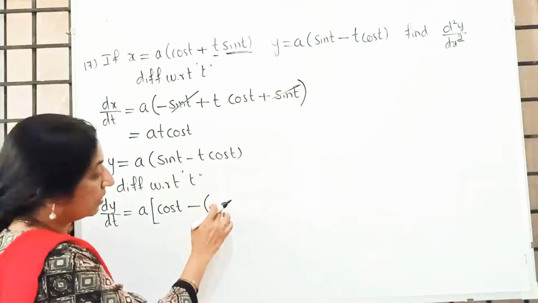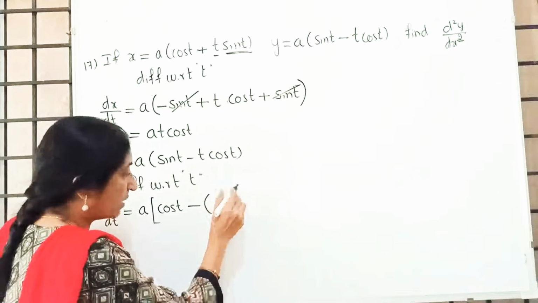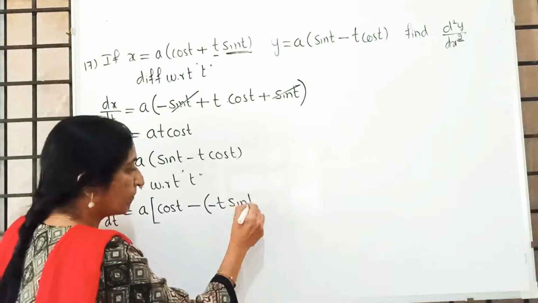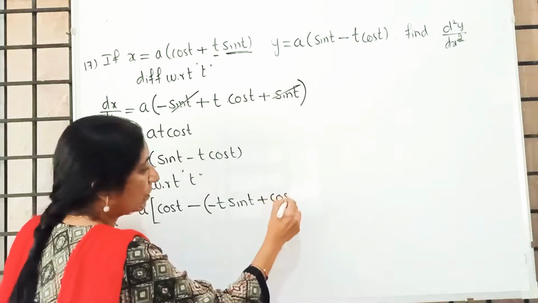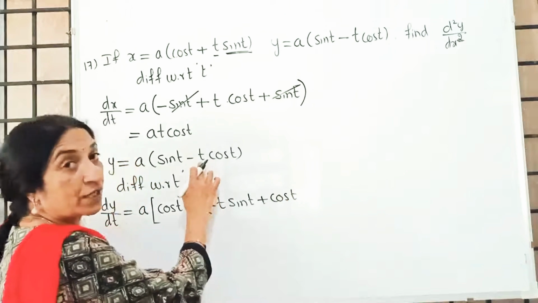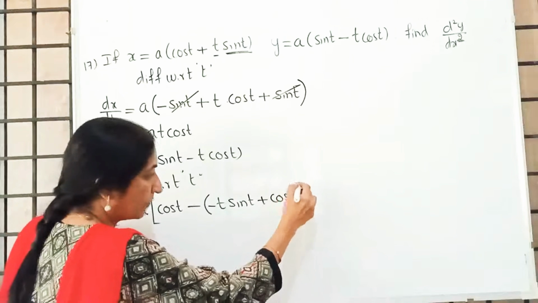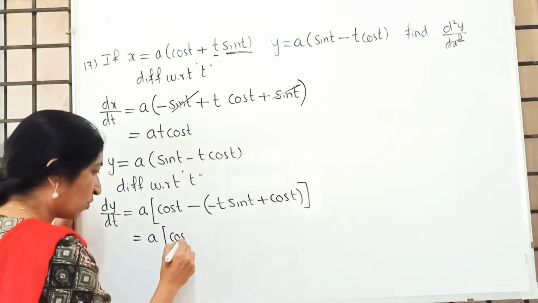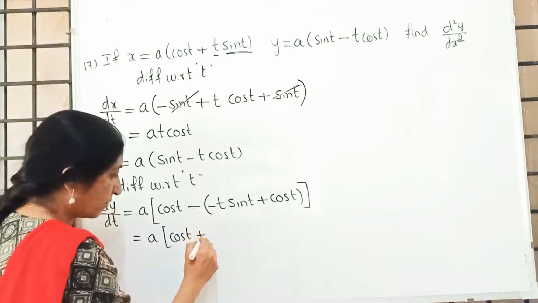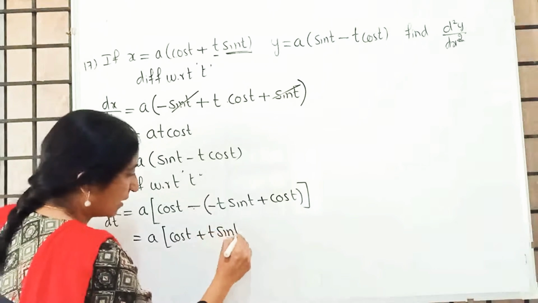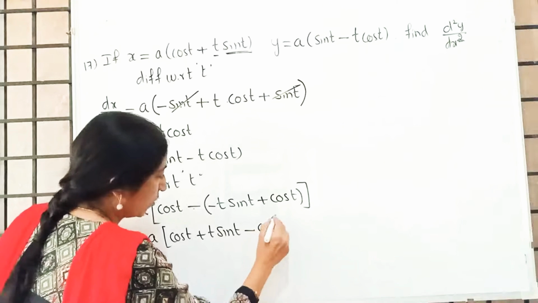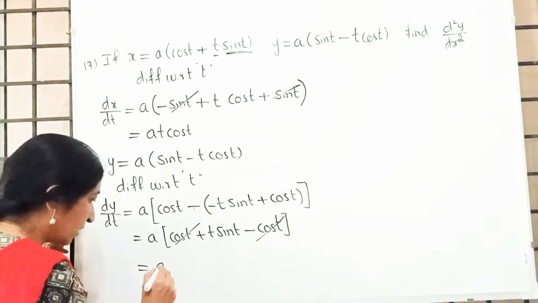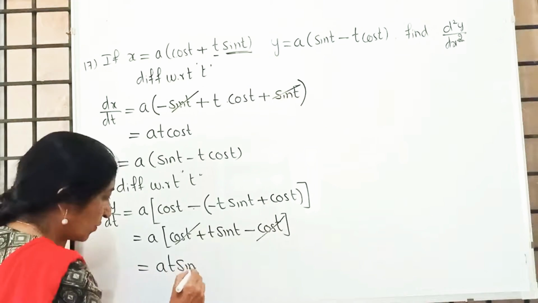Write the expression in the bracket: t as it is, differentiation of cos t is minus sin t, plus cos t as it is, differentiation of t with respect to t is 1. Remove the bracket. This is cos t, minus into minus plus t sin t minus cos t. Here minus cos t plus cos t cancel, a t sin t.